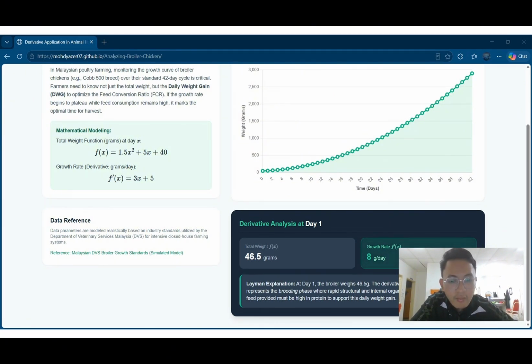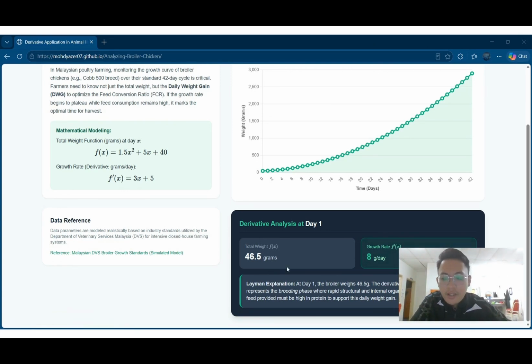This represents the brooding pace where rapid structural and internal organ development is occurring. The feed provided must be high in protein to support this daily weight gain. This will help farmers make better decisions about feeding and harvesting.